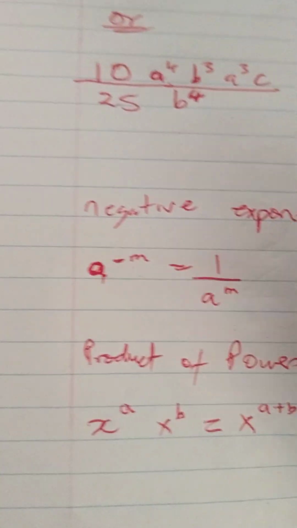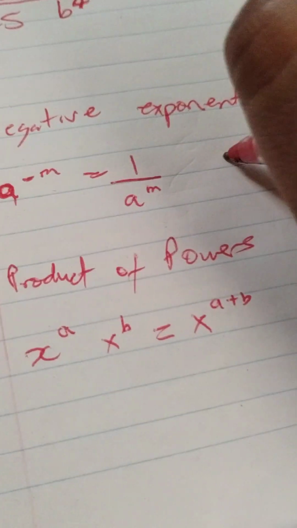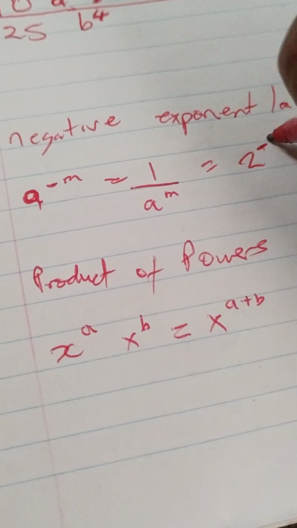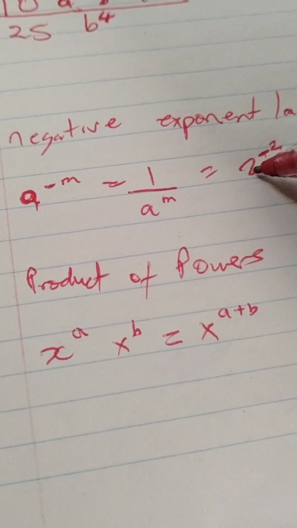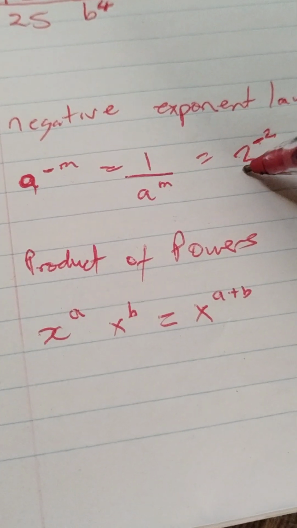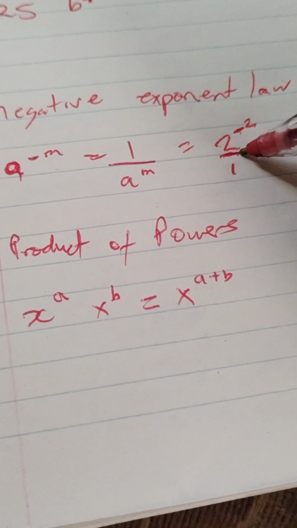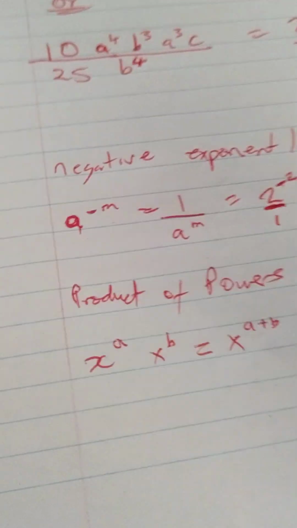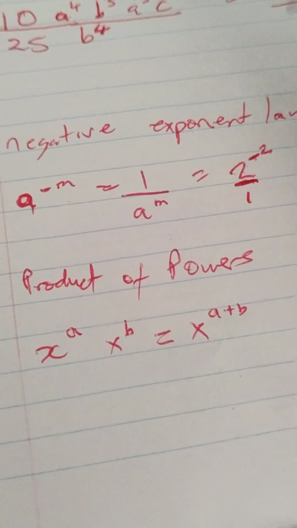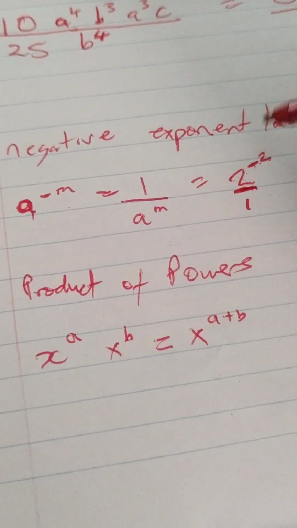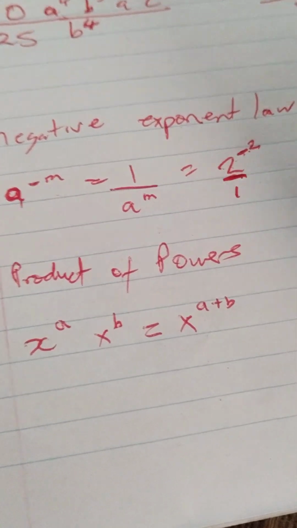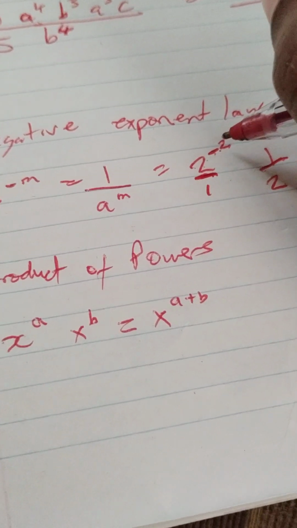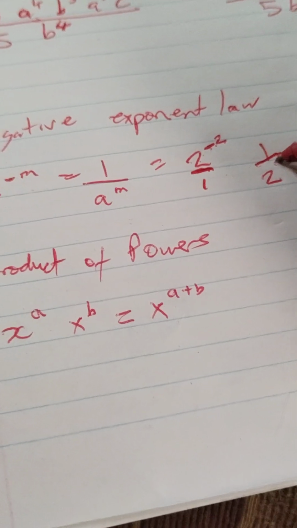So say for example this was 2 raised to the minus 2 power, then remember the number 2 is simply 2 over 1. Again, that is self-explanatory, but no one goes around writing 2 over 1, but we know in fact that it means 2 over 1. So when it's raised to a negative power, you flip it, so 1 over 2, and the power becomes positive, so it would be 2 squared.